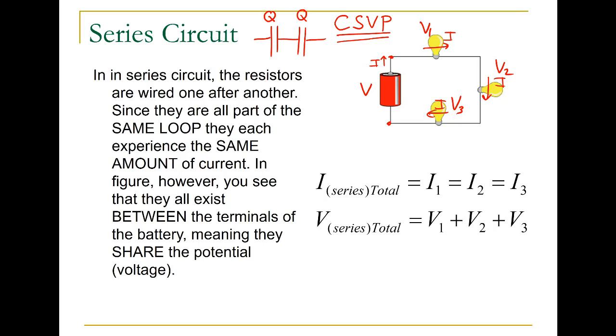So some of the electric potential is used in the first light bulb, some is used in the second, and some is used in the third. Another way to think about this is if you just think back to capacitors, and resistors have this as well, so light bulbs, it doesn't really matter which way you go with this, but there's an electric field that is going across each of these resistors.